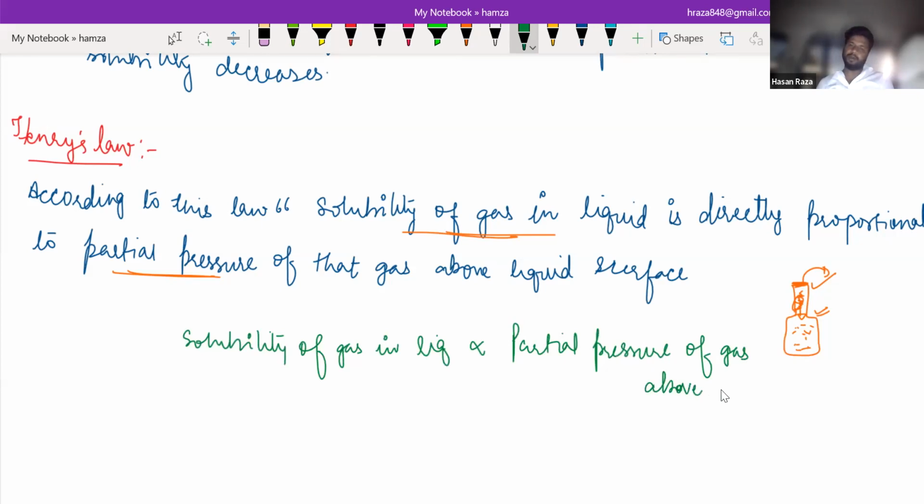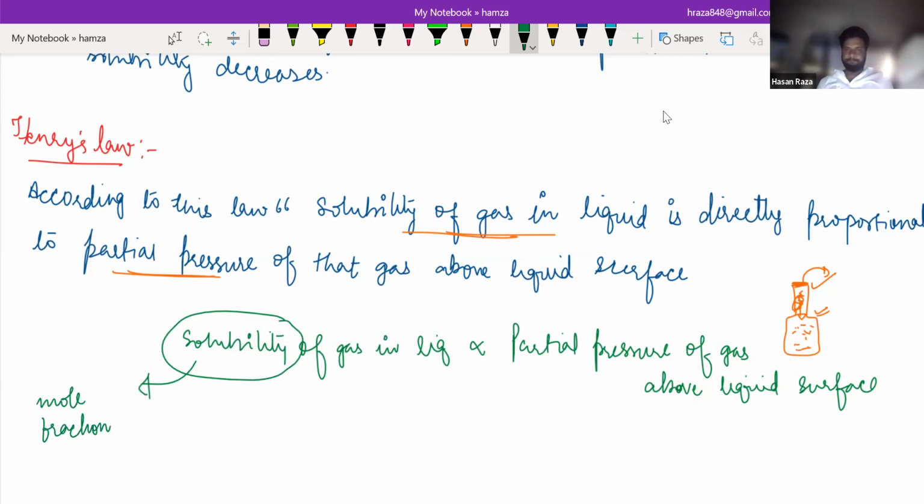This gas applying pressure on the liquid, that partial pressure, is directly proportional to the solubility of gas in liquid. According to Henry, he defined solubility in terms of mole fraction. We will talk about it soon. But first, if this quantity is directly proportional to this quantity, then this quantity is directly proportional to this. So I'm going to just reverse it.